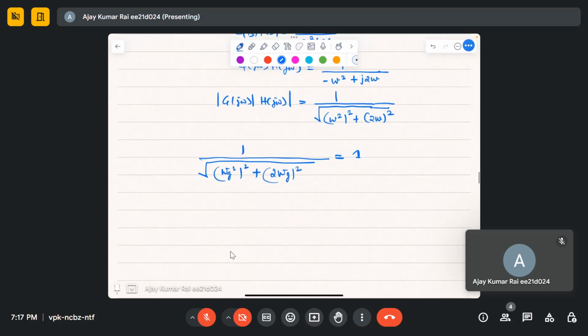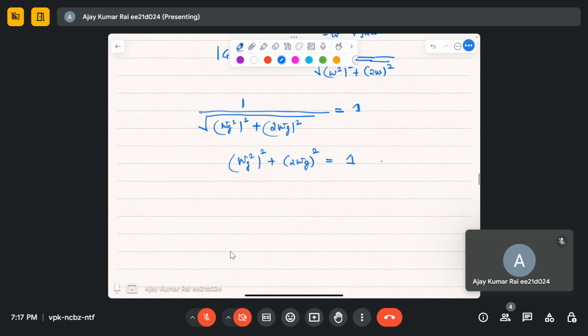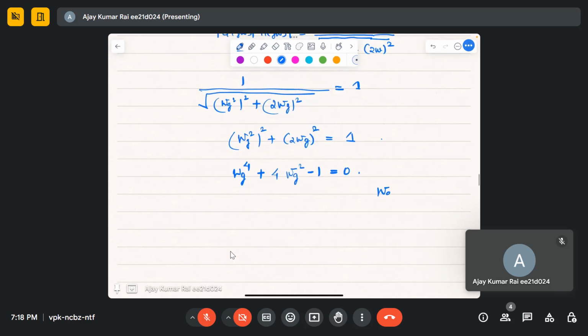Okay, so squaring on both the sides, what you'll get. So this is -1 equal to 0. Can we not write omega g whole square to be, okay?